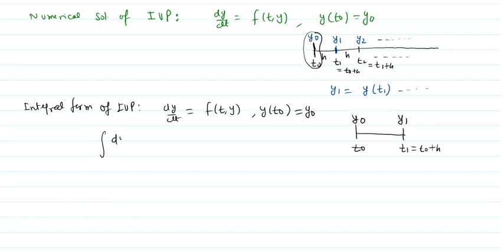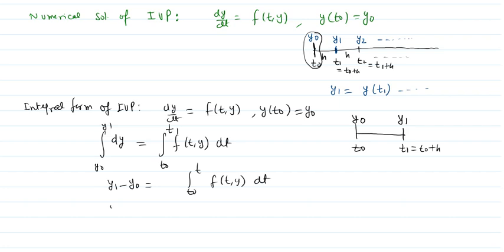So we integrate dy, y changing from y0 to y1, and on the right hand side f(t, y) dt, t changing from t0 to t1. The integral of the left hand side is just y, upper limit minus lower limit. The integral of the right hand side, that we will do.